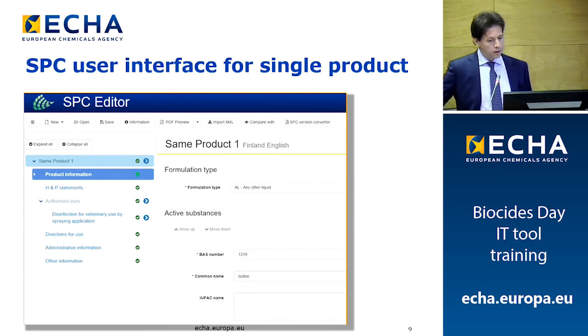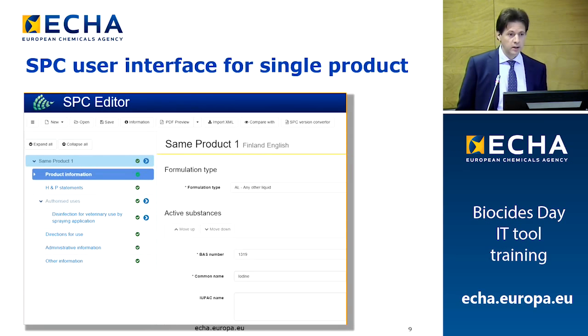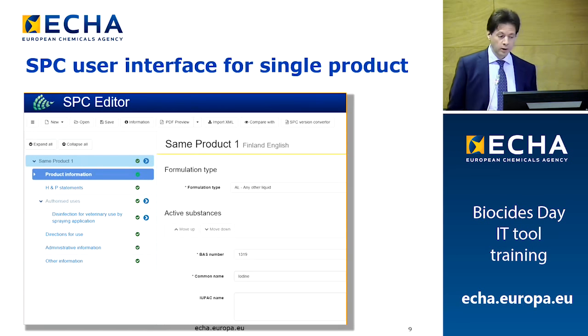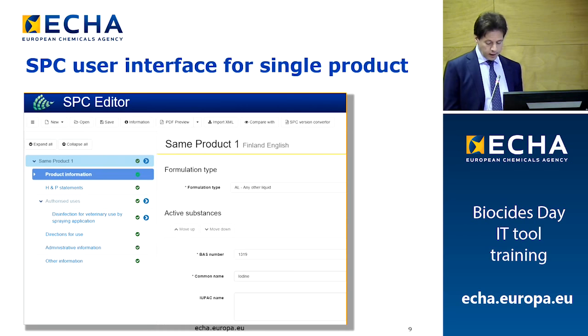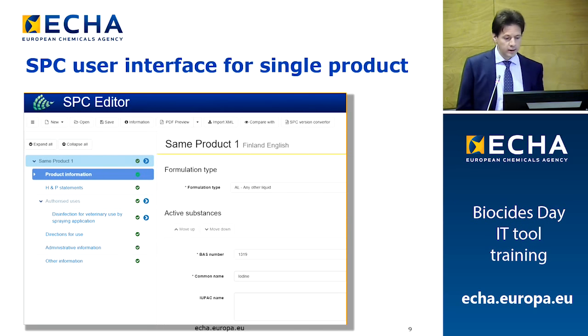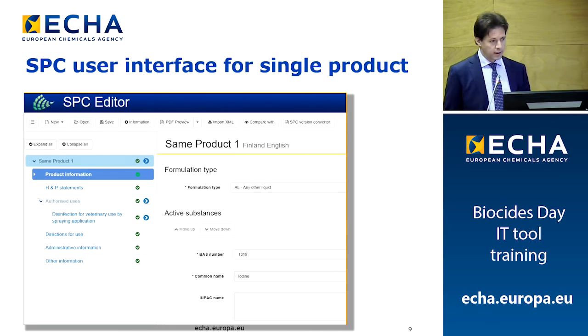This is how the interface of the SPC Editor looks today. You will see that for a single product, it is pretty much divided in two parts. You have the left column where you have all the sections that you will need to fill in. And on the right side, the actual fields for every section with the content that will be required to be filled in.